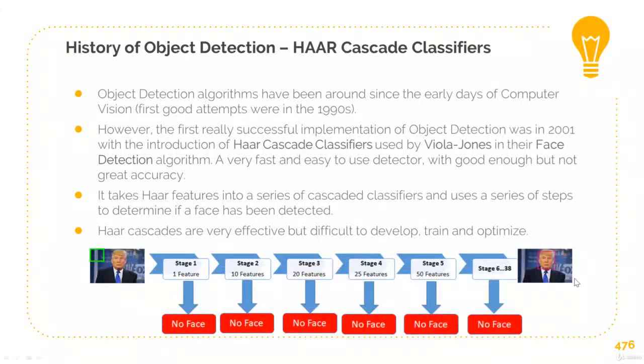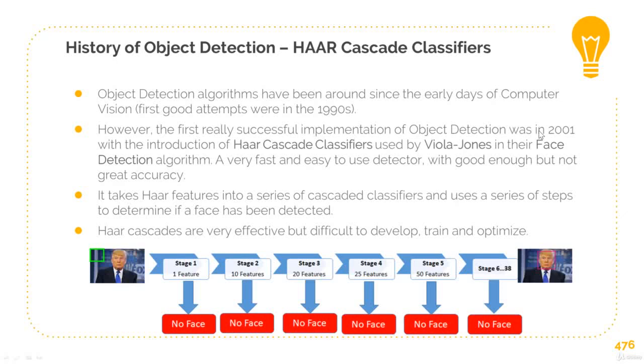So let's get into the history a bit, and let's start with Haar cascade classifiers. Now there were many object detectors before this. However, Haar cascade classifiers is what made it mainstream and quite popular because it was so fast. This was developed by Viola Jones in their face detection algorithm in 2001, not that long ago, 17 years ago to be fair.